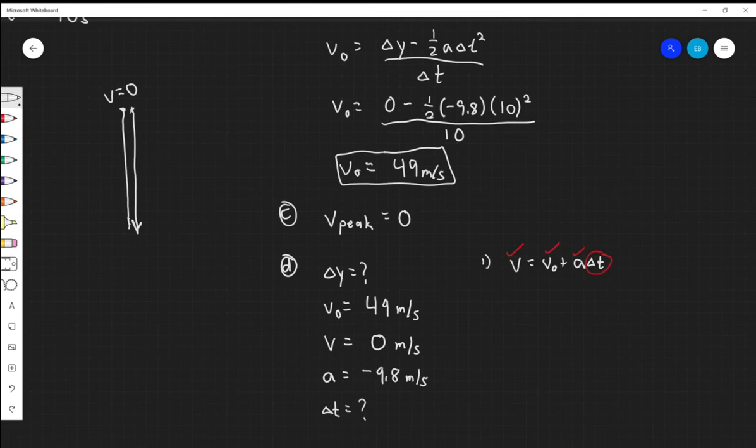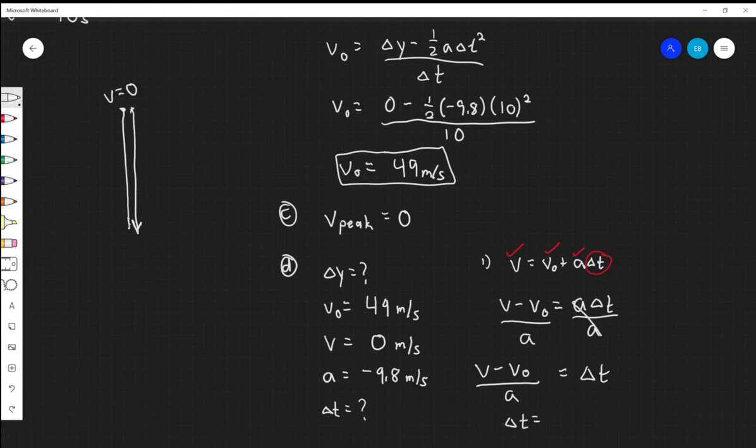So I'm going to do some algebra on this again. I subtract my V naught from both sides to get that this is equal to A times change in time, and then I divide both sides by A to get the change in T by itself. We need to get very good at doing this kind of algebra. Practice it. Do it constantly. Okay, so change in time is the velocity divided by the acceleration.